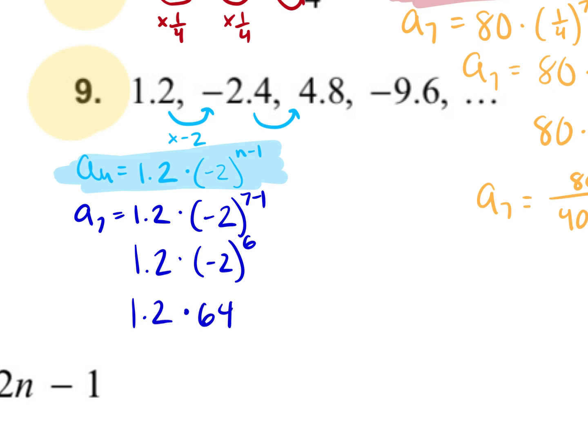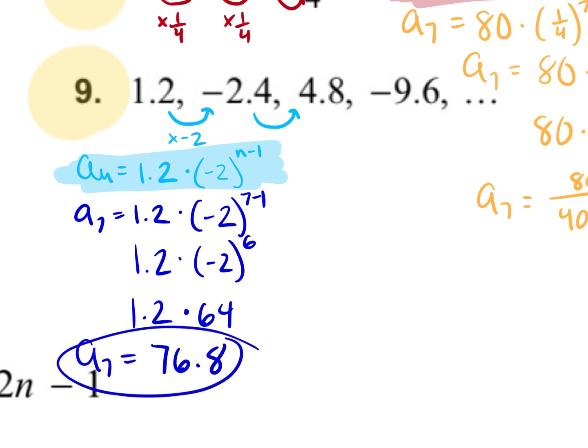Positive 64. And then 64 times 1.2 would be 76.8. So our 7th term is 76.8.